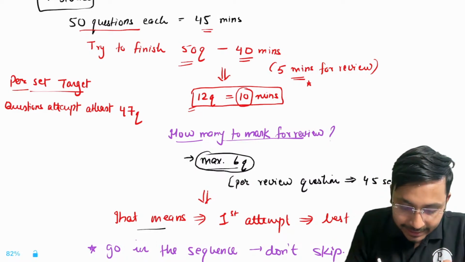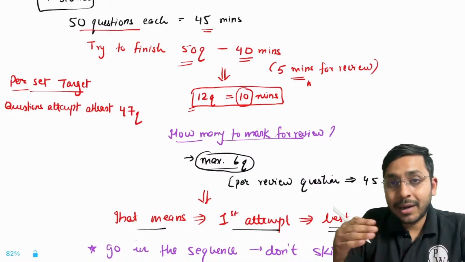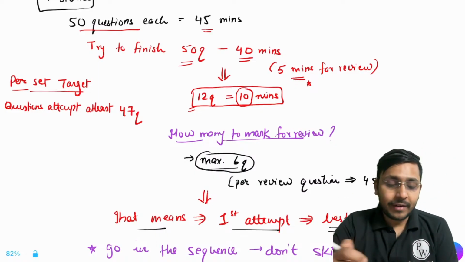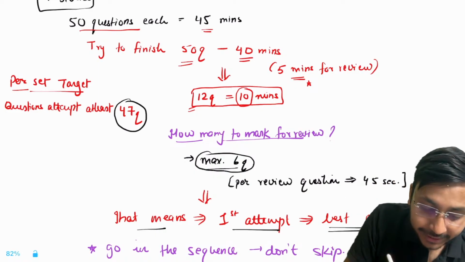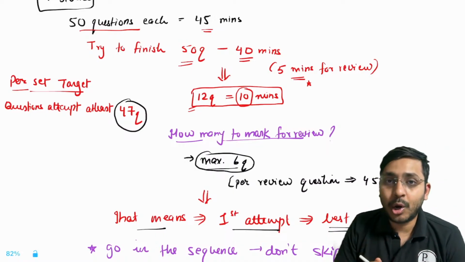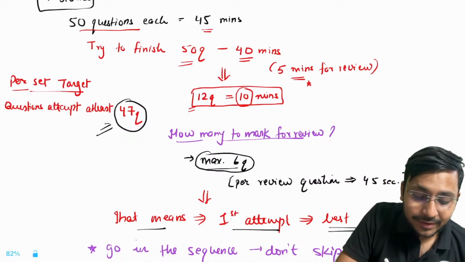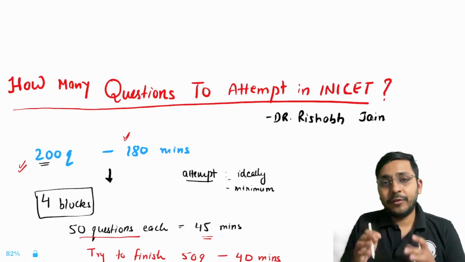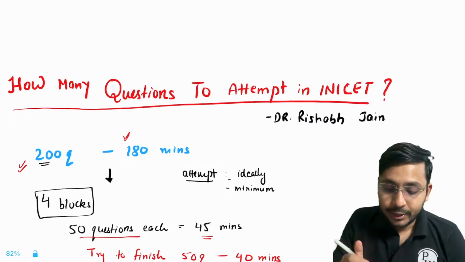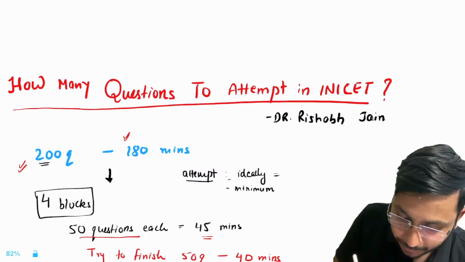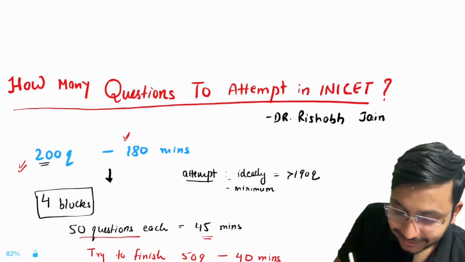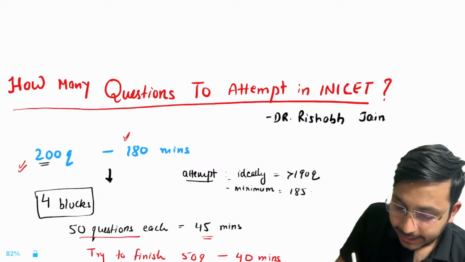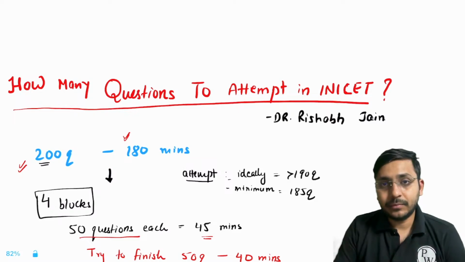That means in your first attempt, you have to attempt a lot of questions. Out of 50, I would attempt at least 47 per block. Where is this 47 number coming from? Out of 200 questions, if you want to get a top 10,000 rank, you have to attempt ideally more than 190 questions in total, and a minimum of 185.